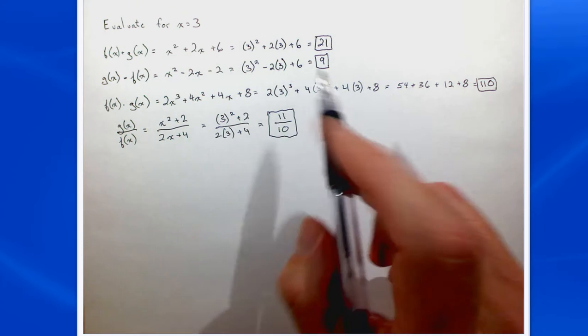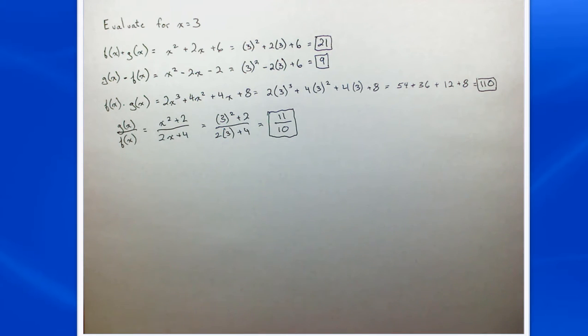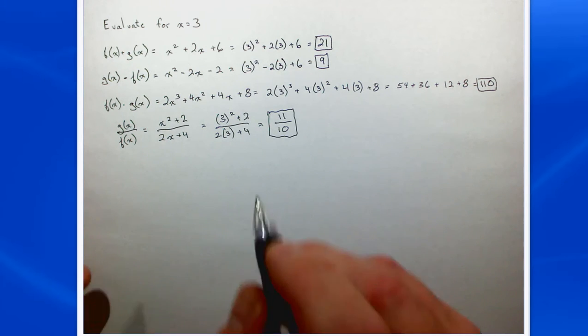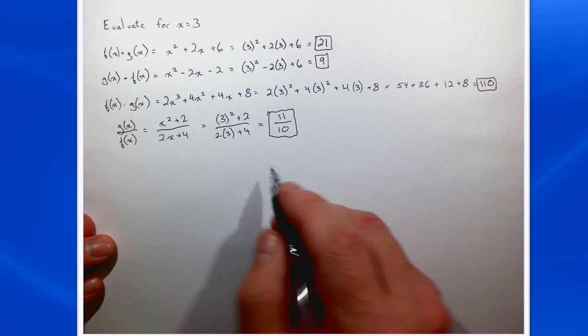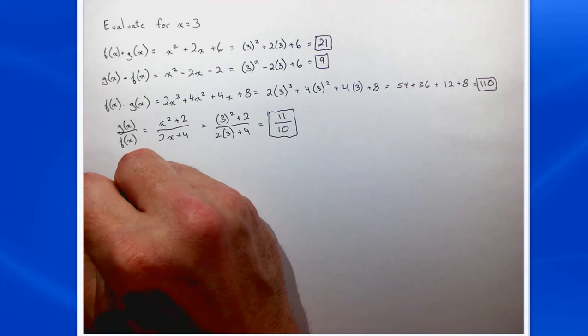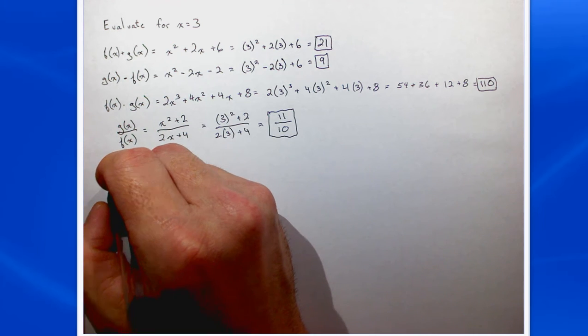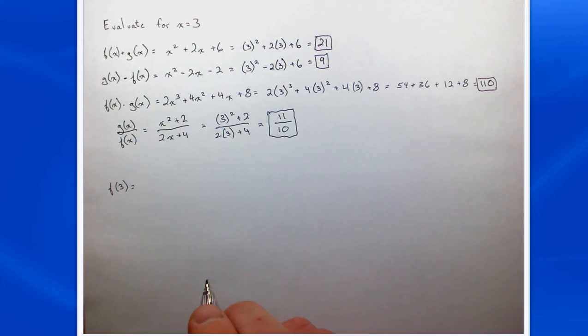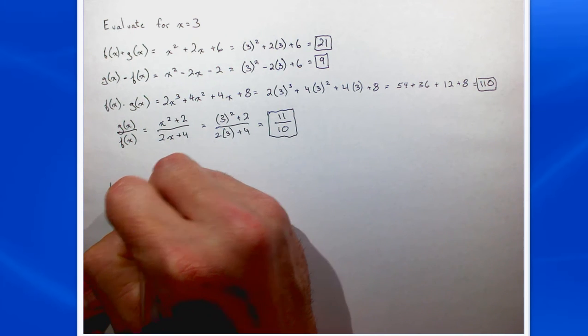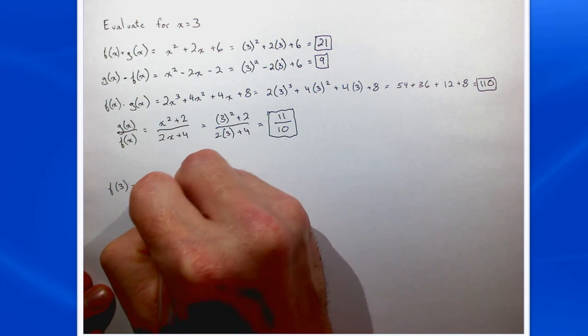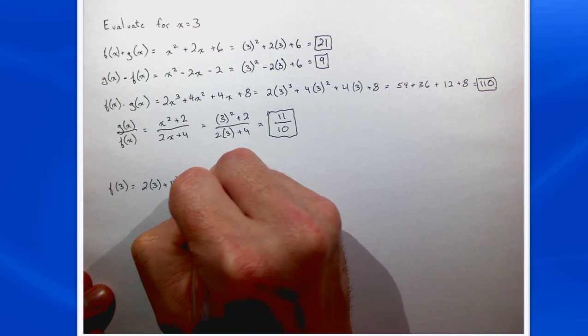So I've shown you how to evaluate using that. I want to be able to look at something else, okay, with this. If I were to simply solve for f of x being 3, so f of 3, my function for f of x was 2x plus 4, so 2 times 3 plus 4, which equals 10.